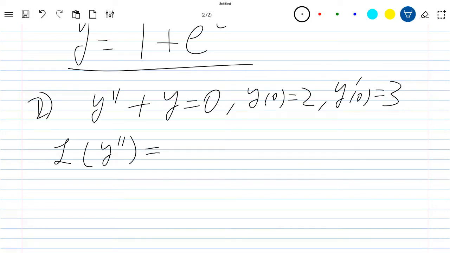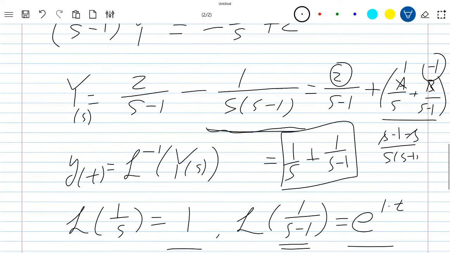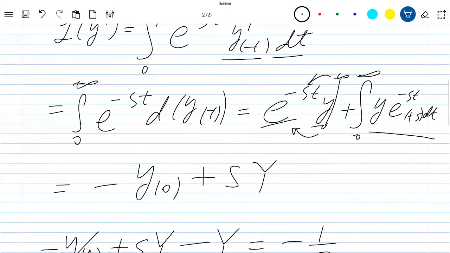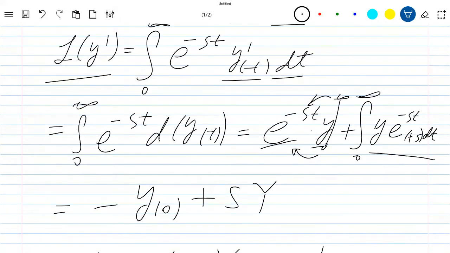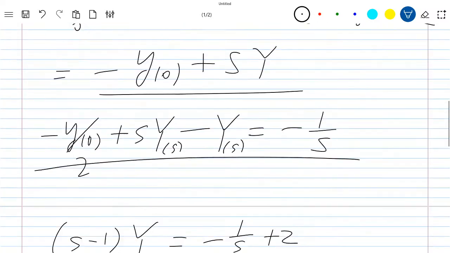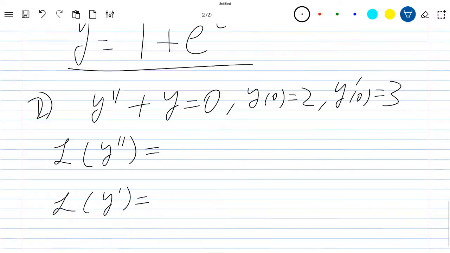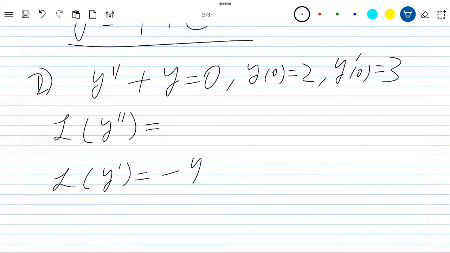Well, actually, this can be done through a formula. So let's recall what we had last time. We said y prime, remember what we had? We do the integration here, and we get that, right? So this means negative y of 0 plus s times capital Y. But what is capital Y?